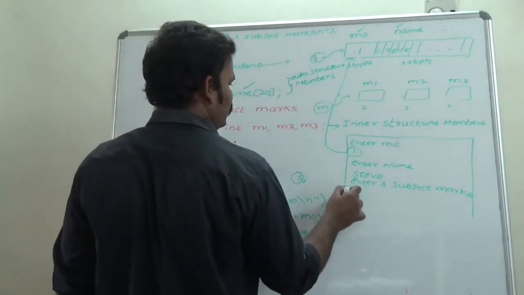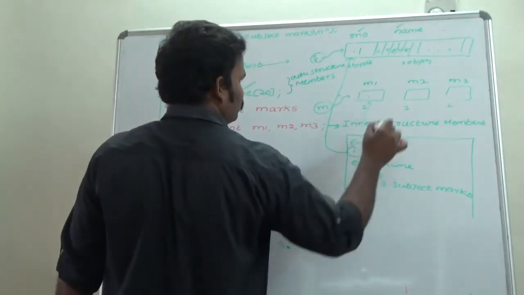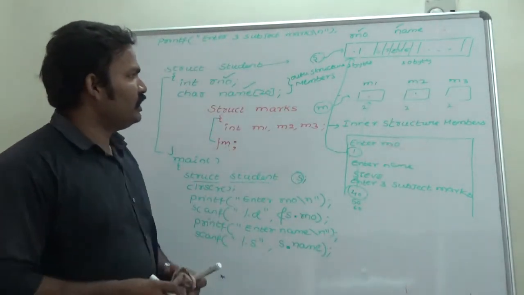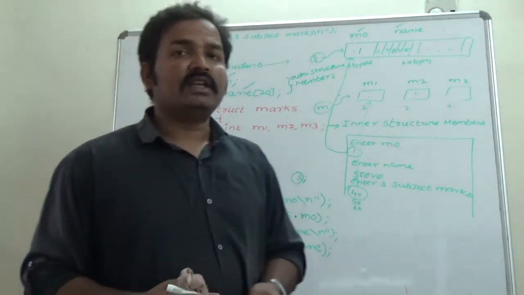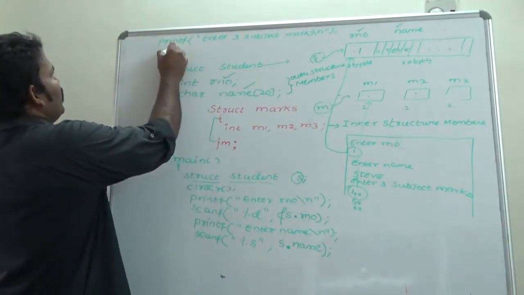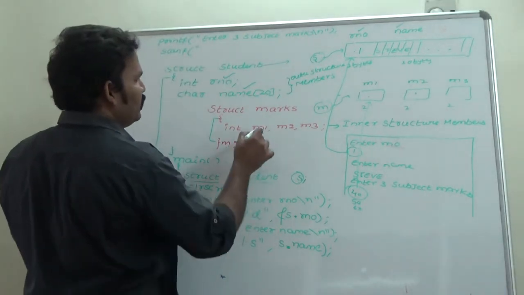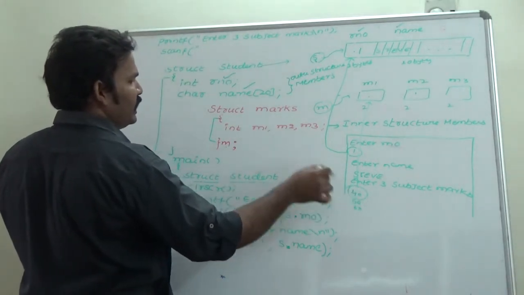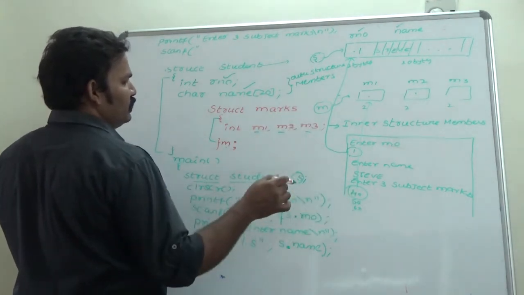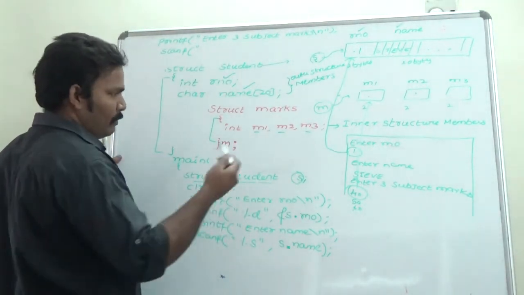So here 40 we have to assign into this location, next 50 here, 60 here. Remember one point: M1, M2, M3 are inner structure members. So how can we write the scanf function? We have to read 3 elements, and these 3 values will be assigned to these 3 members.